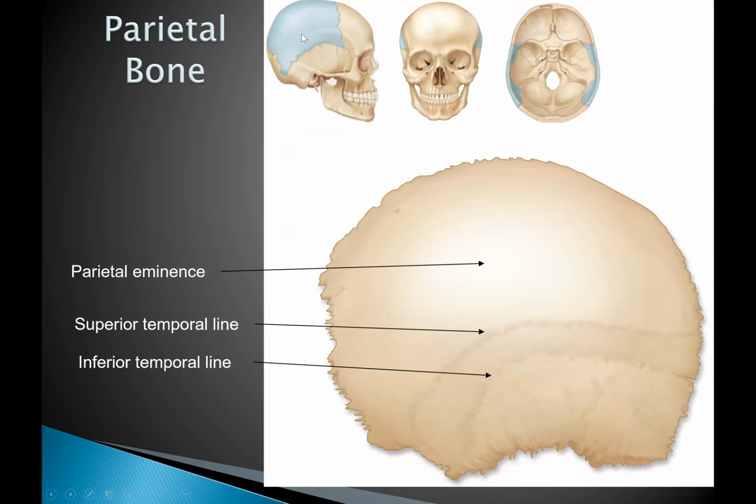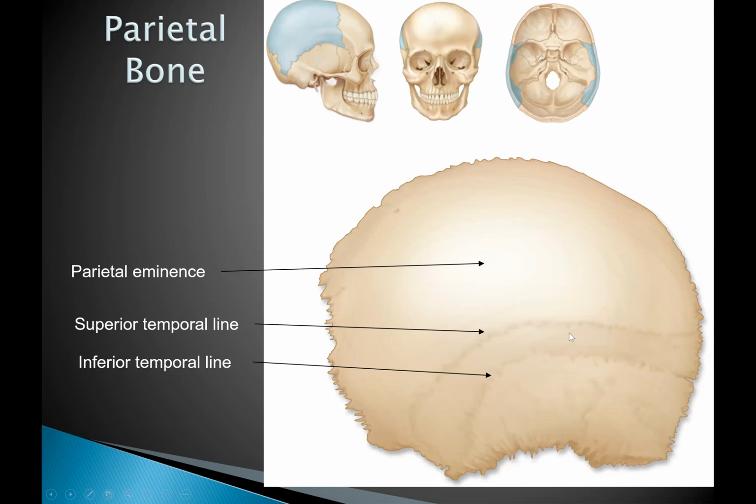On the top, the superior part of the skull, on either side, you have two parietal bones. I know we talked about the parietal membrane before. This is different. There are two parietal bones in the skull as well. There's a bumpy part, a ridge right here, known as the parietal eminence.